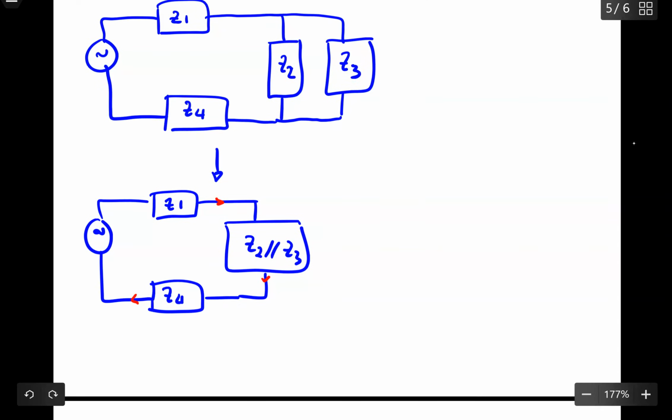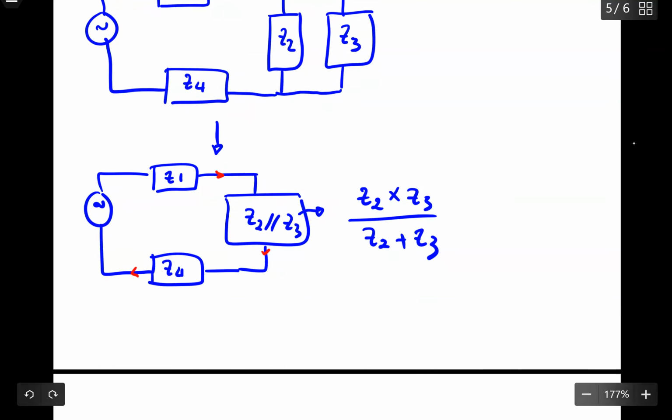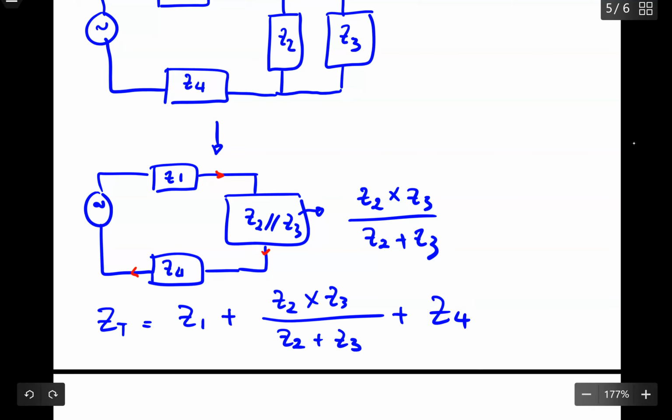That means Z1 is in series with Z2 parallel to Z3, which you already found as product over the sum, and this part is in series with Z4. Therefore, your Z total in this case will be Z1 plus Z2 times Z3 divided by Z2 plus Z3, plus Z4.